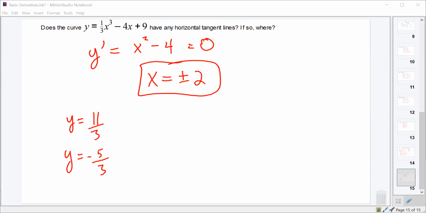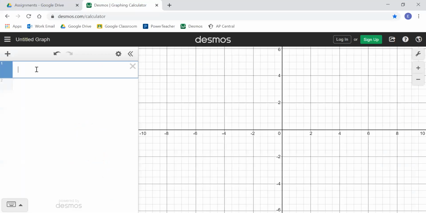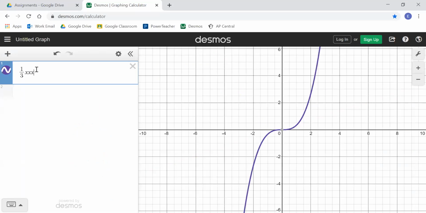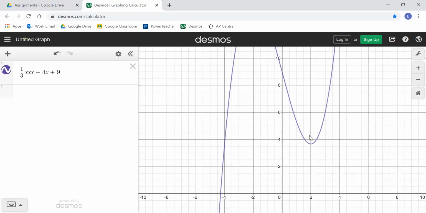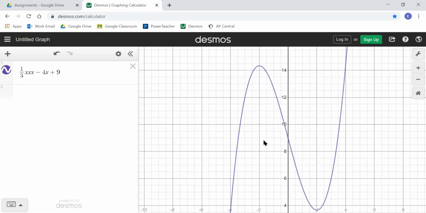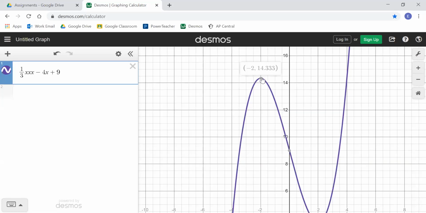So on Desmos, our original graph was 1/3 x cubed minus 4x plus, what was it, plus 9? Okay, cool. And so we can see that at x equals 2, we clearly have this local minimum, right? And up here, we've got our maximum. I think those values you got might not have been right, though.